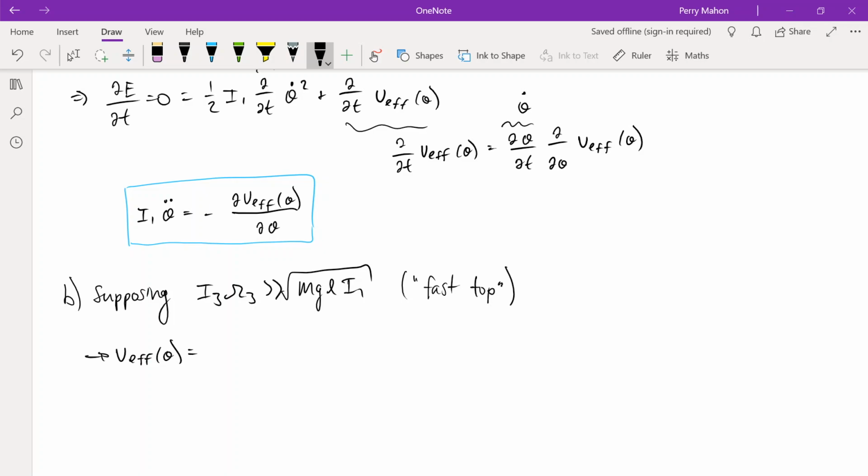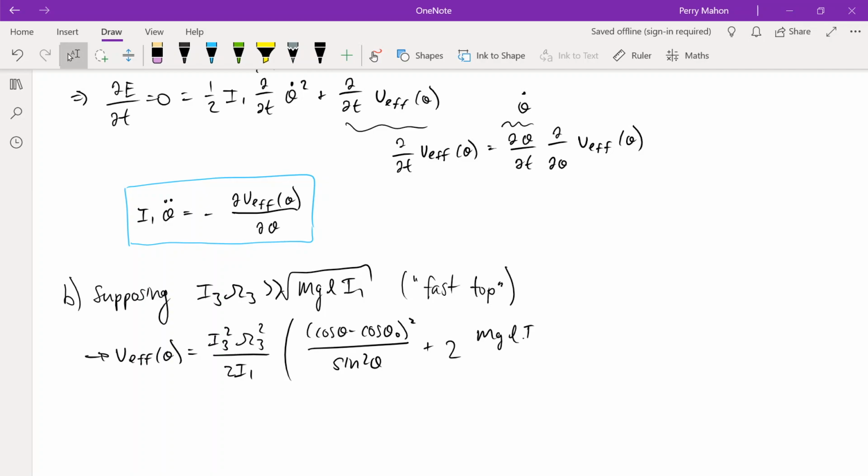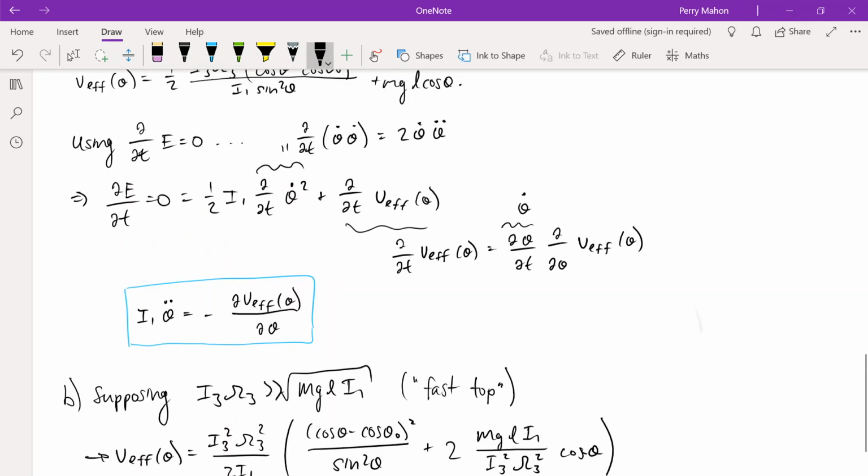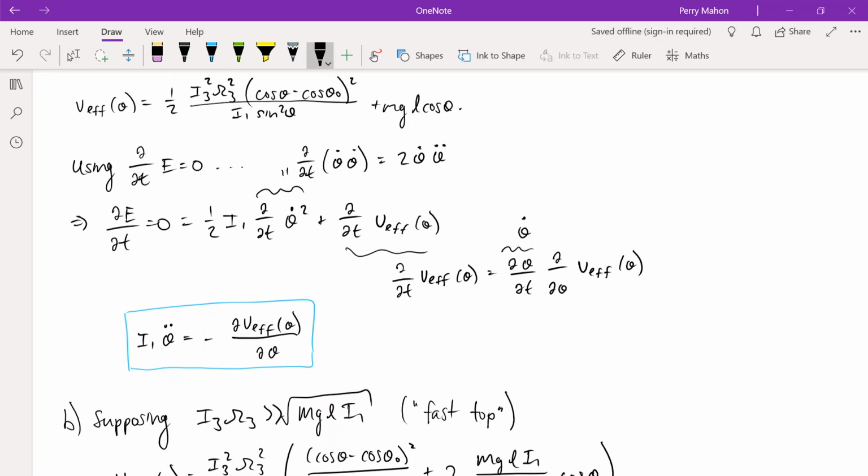If we write down this V effective in a somewhat different form in order to extract a quantity that's related to this inequality, we can rewrite it in this form down here.